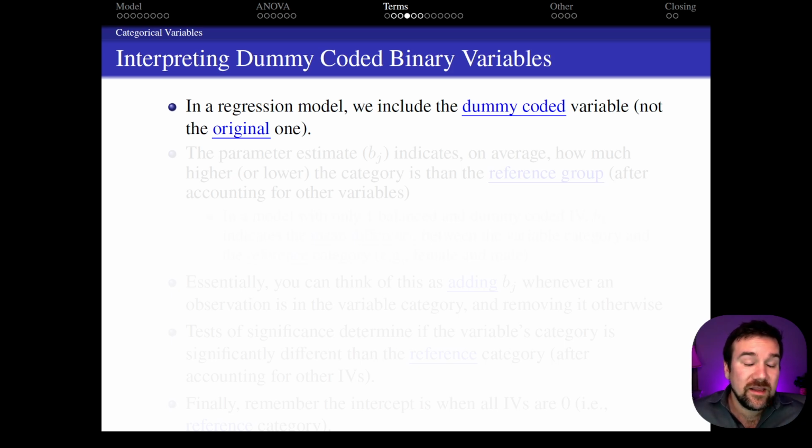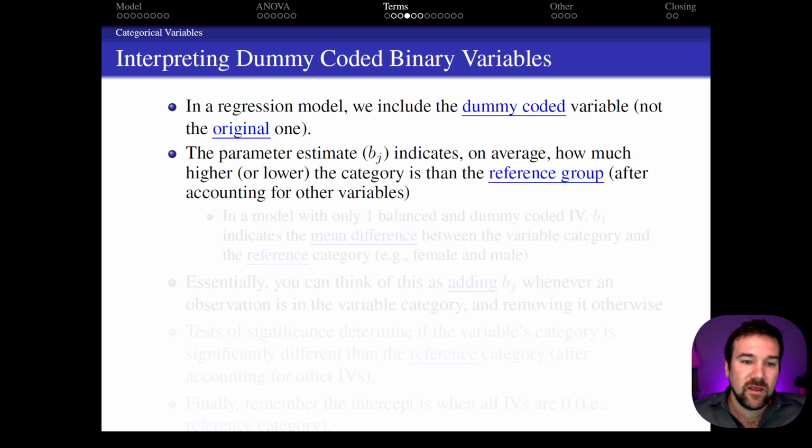All right, so in our regression model, we're going to not include the original categorical variable with male, female. Instead, we're going to include the new dummy coded variable we made. So we'll include the female variable that we made. The parameter estimate for the female variable, the beta that's in front of it, now indicates on average how much higher or lower the category is in terms of the dependent variable than the reference group.